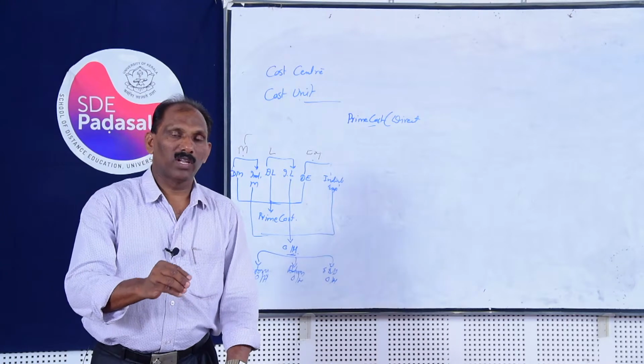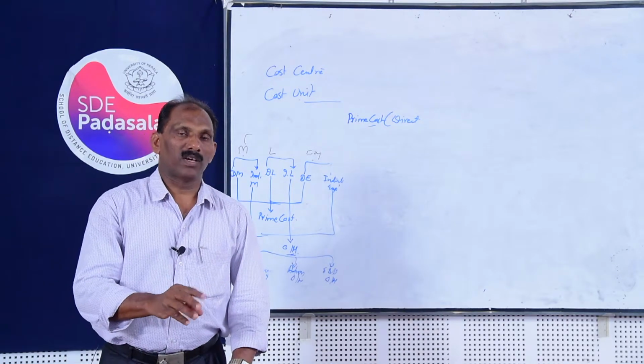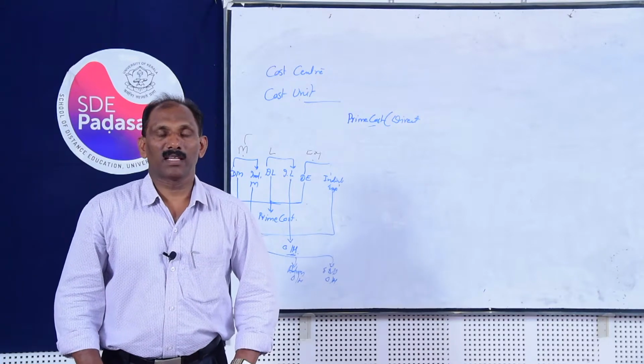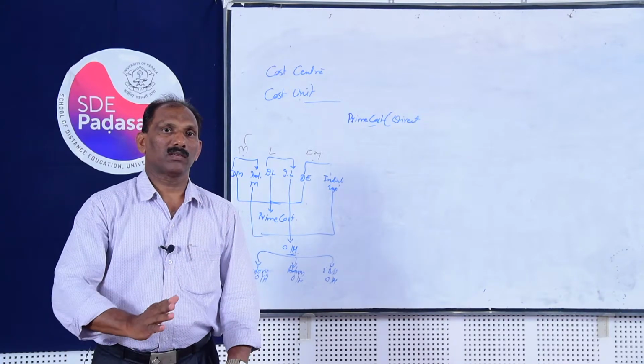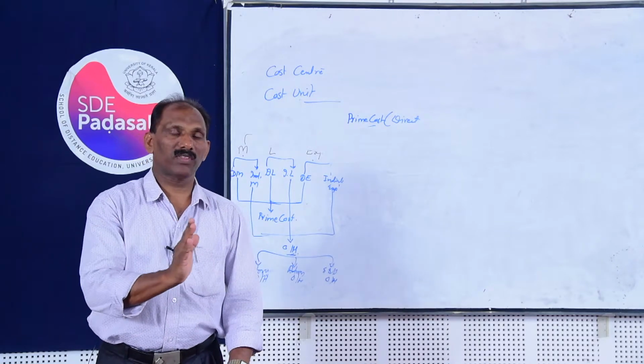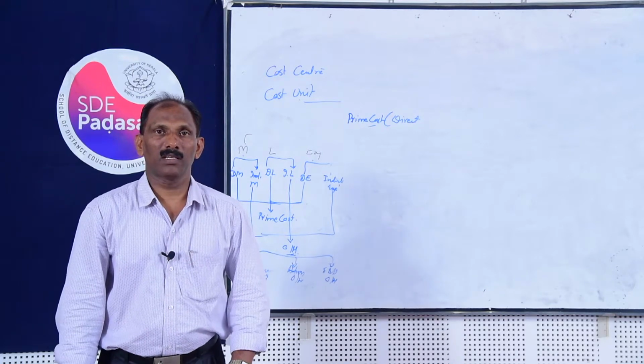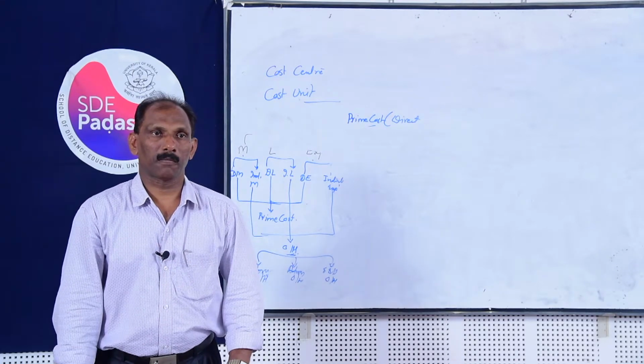Suppose wood in the case of furniture, leather in the case of shoes, or cloth in the case of garments are the main part. The cost of that can be identified and charged to a particular product. So that is the direct cost.